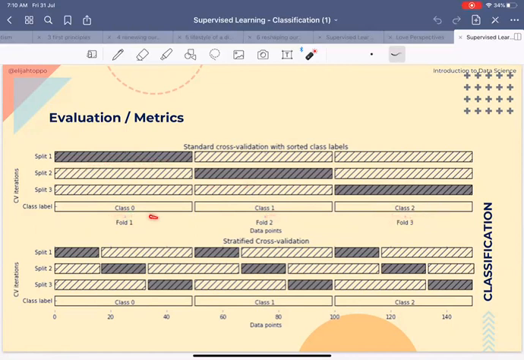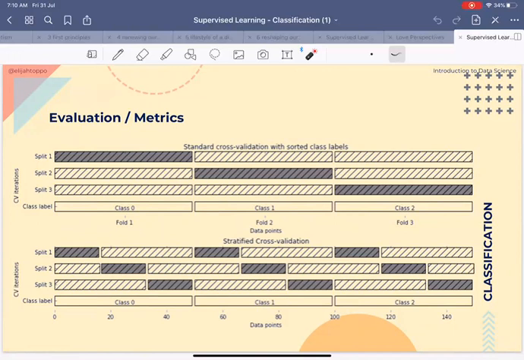If I take sorted labeled data and divide it into 3, let's say you're dealing with your iris dataset, which has 150 examples.